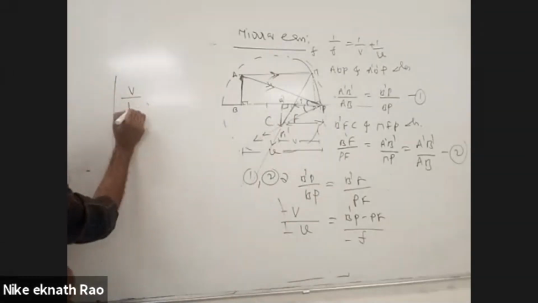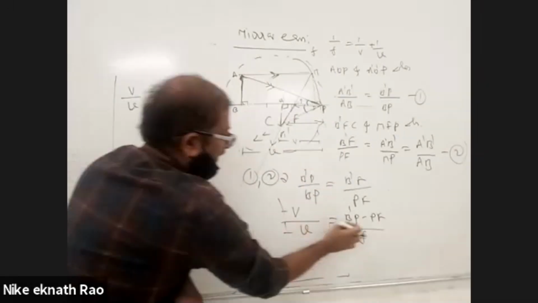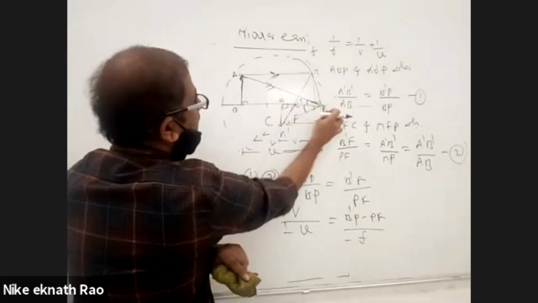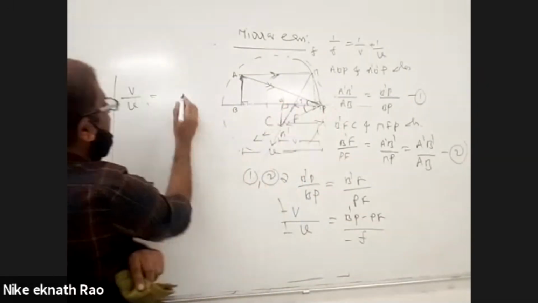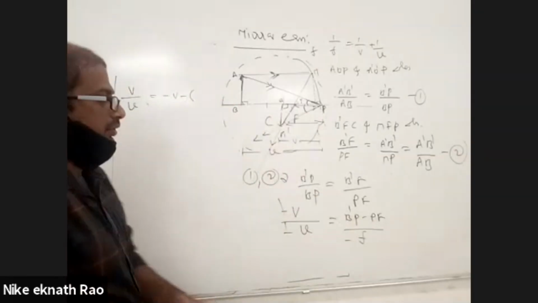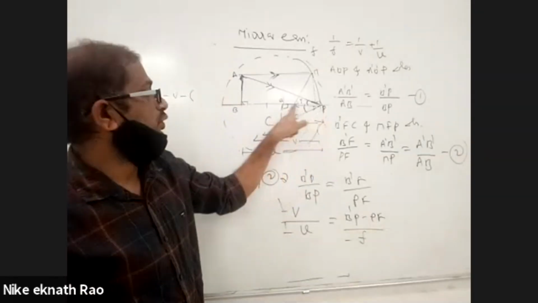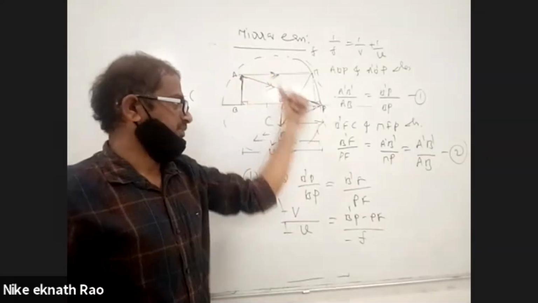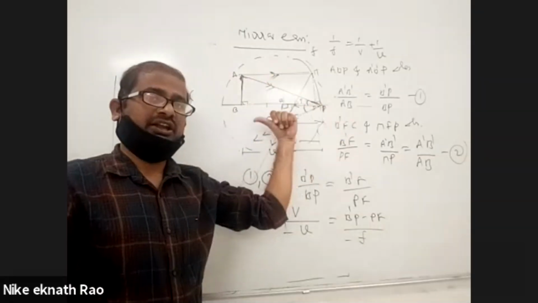This is B by U is equal to now B dash P. B dash P is what distance? Image distance, which is negative, minus V minus PF. PF is focal length. I take going like this, pole to focus, we are going left side, negative.